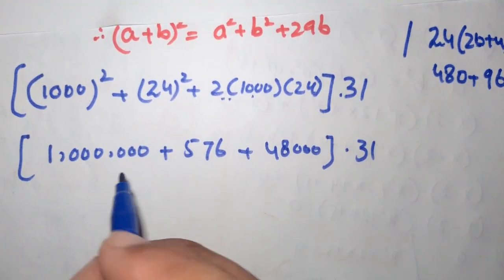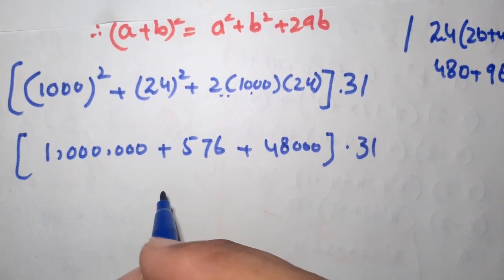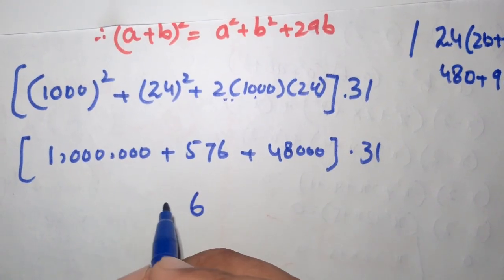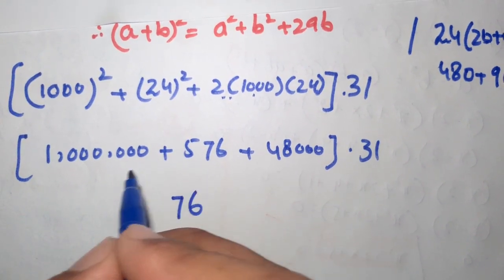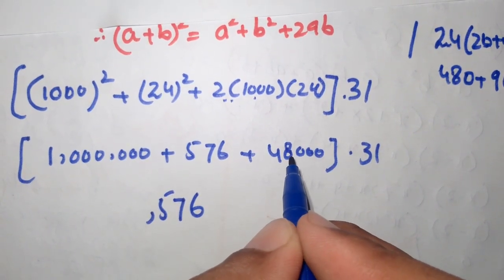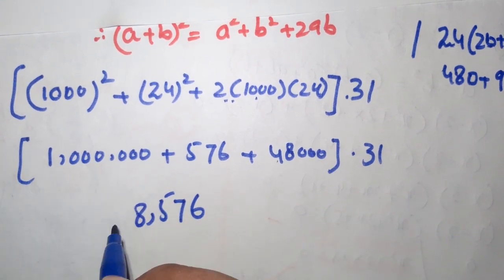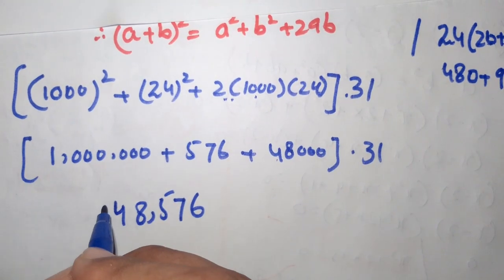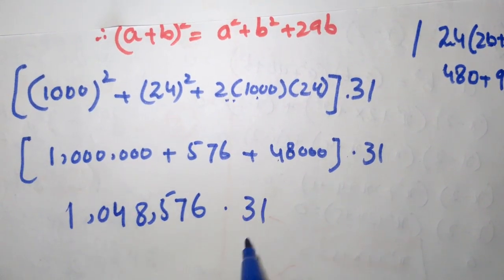Now we have to add these. 0 plus 6 plus 0, this will become 6. 0 plus 7 plus 0, so it will become 7. And 0 plus 5 plus 0, this will become 5. 8 plus 0, this will become 8. 4 plus 0, this will become 4. And here 0 and 1, times 31.